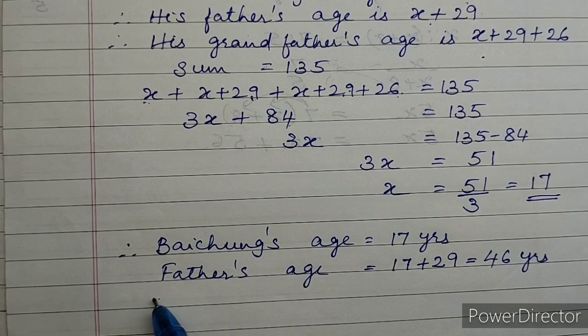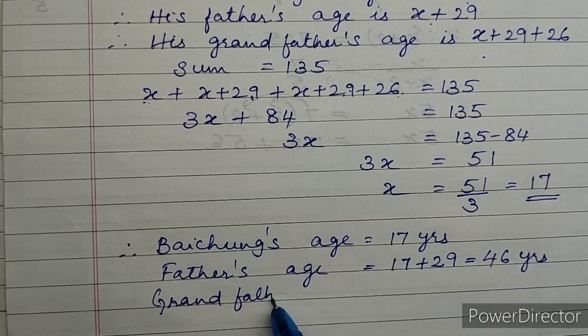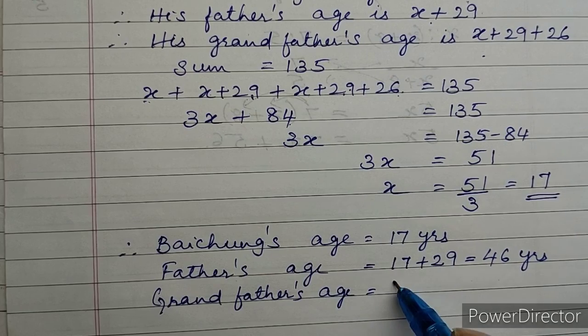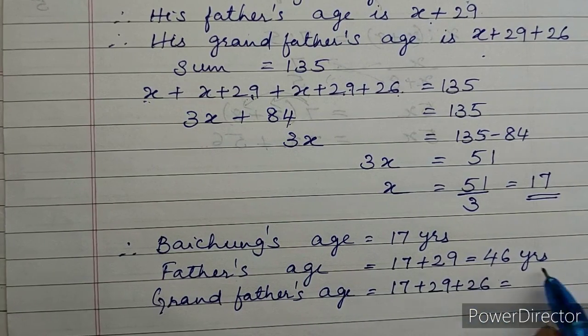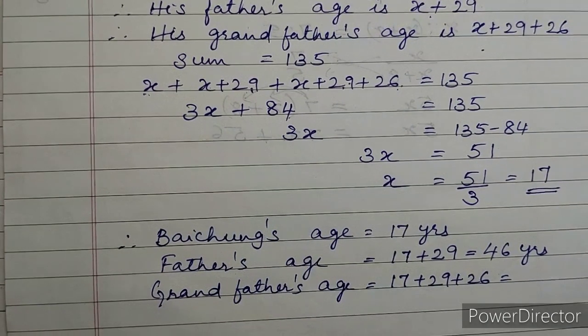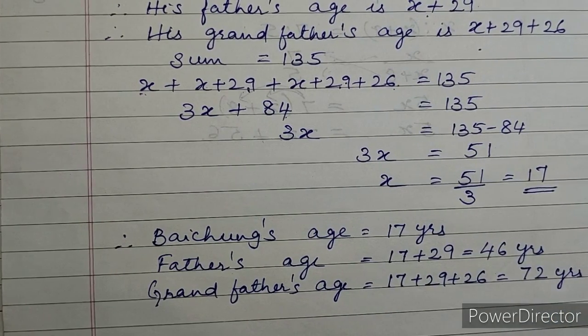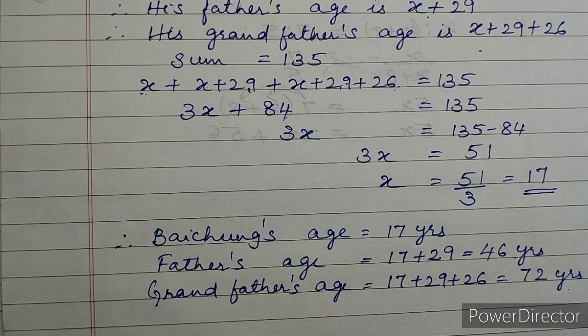Now what is his grandfather's age? That is 17 plus 29 plus 26, or 46 plus 26 you can write. So 46 plus 26 it is 72 years. So Baichung's age is 17, father's age is 46 and grandfather's age is 72 years. Understood?